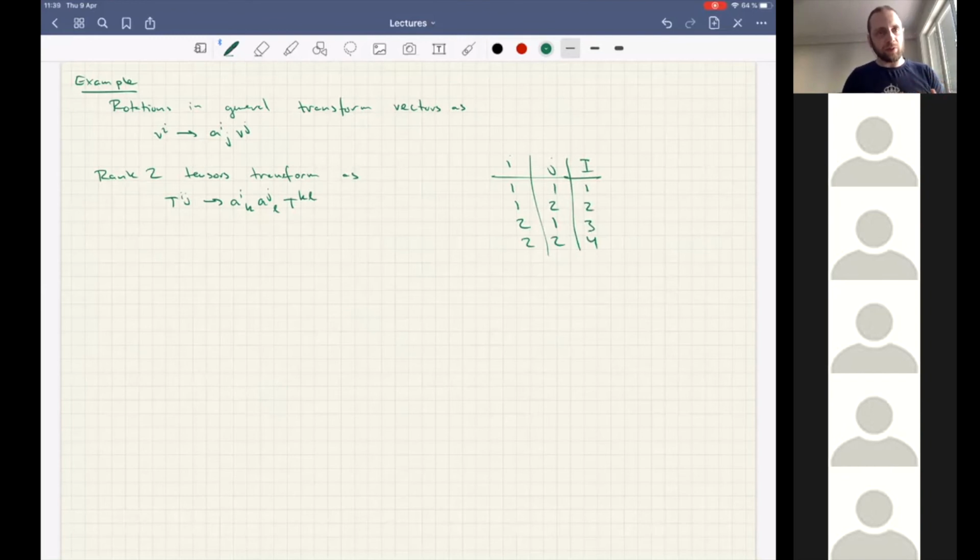So if we do that, we can write down this tensor as a vector, essentially T11, T12, T21, T22, and we can write down this transformation as this.